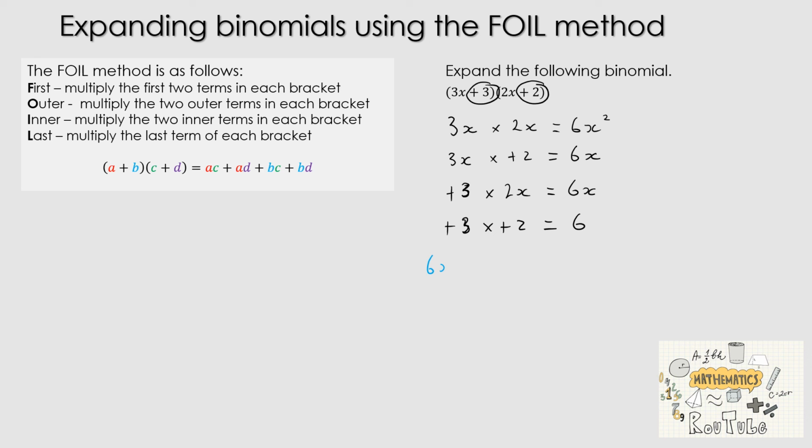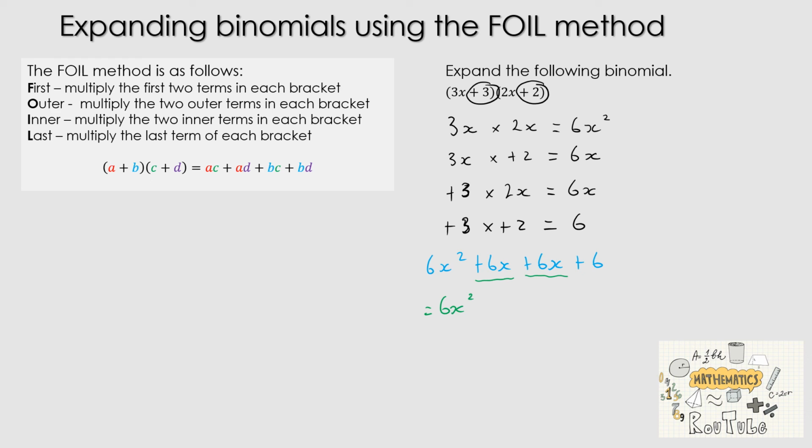Now let's bring down all our answers. So now we've got 6x squared plus 6x plus 6x plus 6. All right, so plenty of 6's. Now hopefully you'll identify there's only one set of like terms. It's 6x and 6x. Okay, 6x and 6x squared are not like terms, because one's an x and one's an x squared. Okay, so now we've got 6x squared.